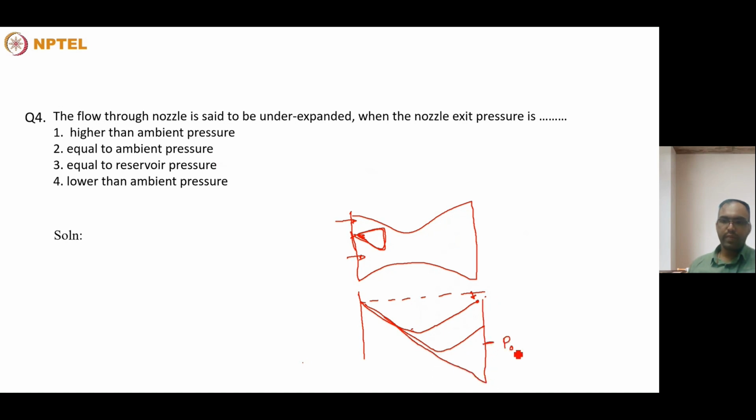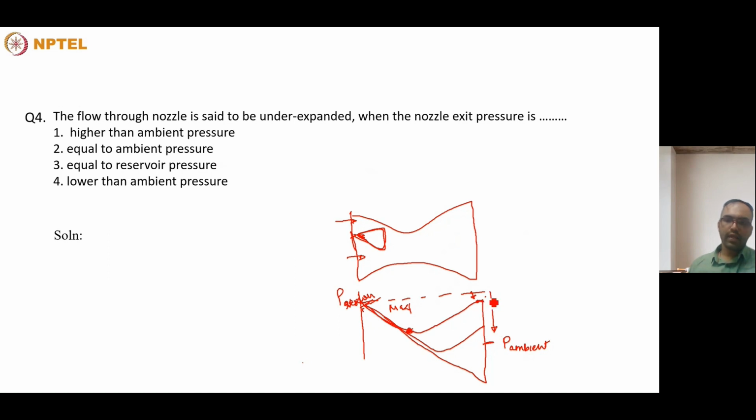Correspondingly there will be a P ambient pressure, there will be P reservoir pressure, and when the outlet pressure is less than the inlet pressure, the flow occurs, and for Mach number less than 1, it reaches the throat, and from then onwards, for the diverging section, pressure increases to the exit.